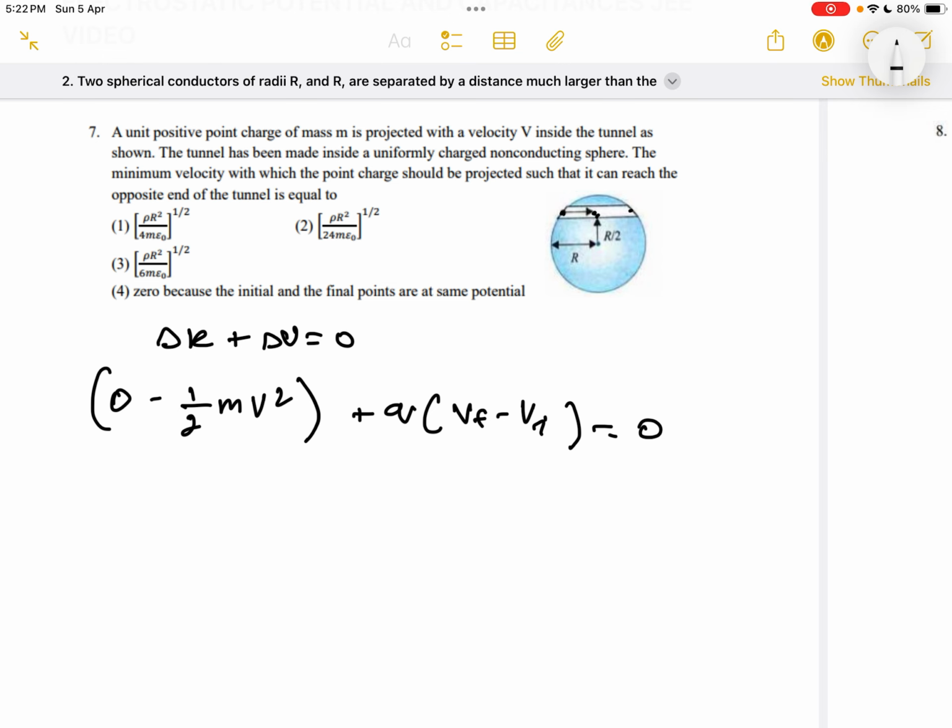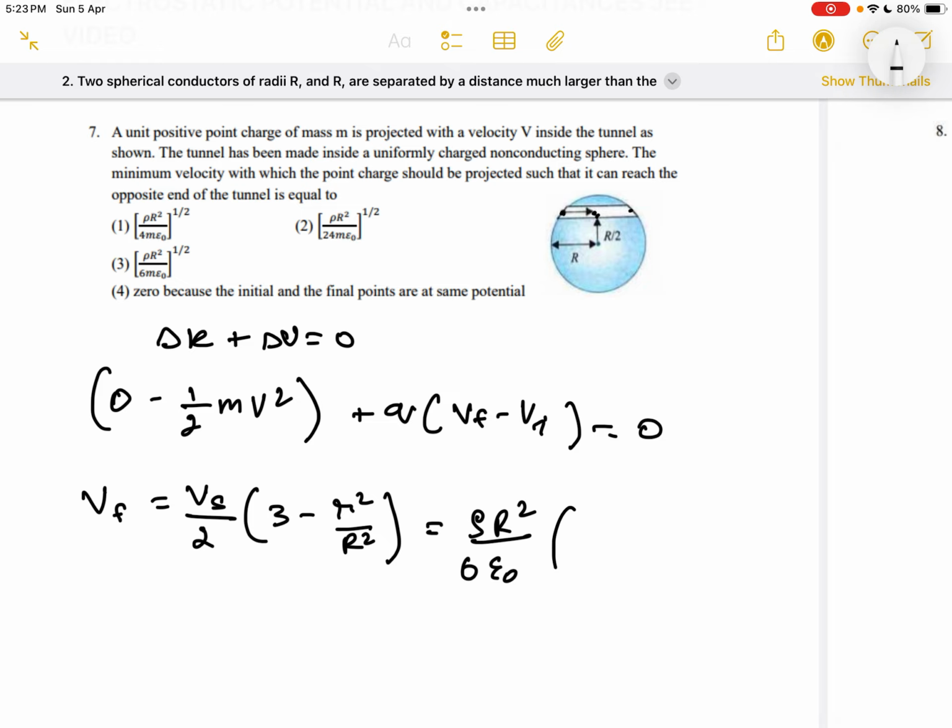Now the question is, what is Vf? Vf would be the final potential, which is the potential at the surface divided by 2 into 3 minus r square divided by R square. Now if you write it in terms of volume charge density, it would be rho R square divided by 6 epsilon naught multiplied by 3 minus r square divided by R square.